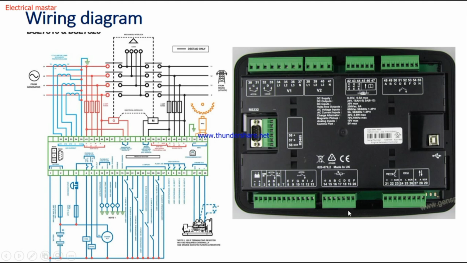So whenever 12 volt supply is received at terminal 18, and the controller is in auto mode, it will work in the auto function and start the generator. Whenever we remove the supply to 18 and the 12 volt is not available, the controller will stop the generator. That is useful for remote operation.